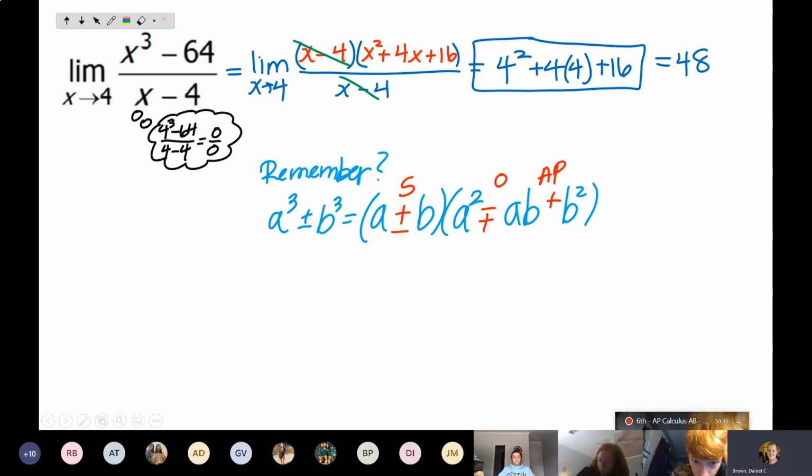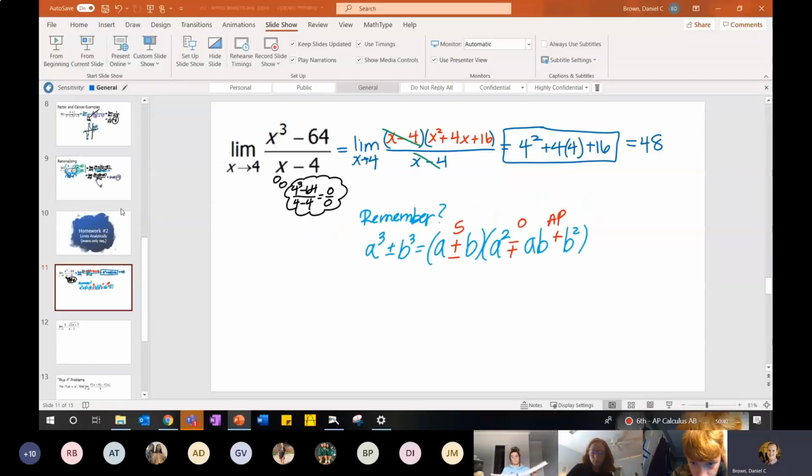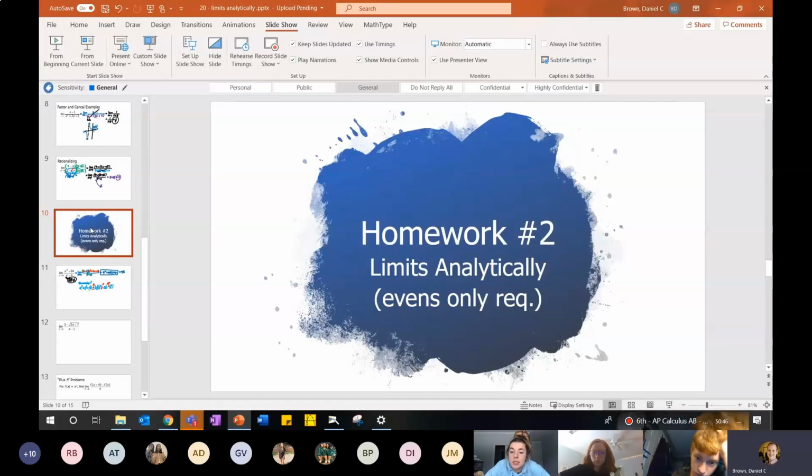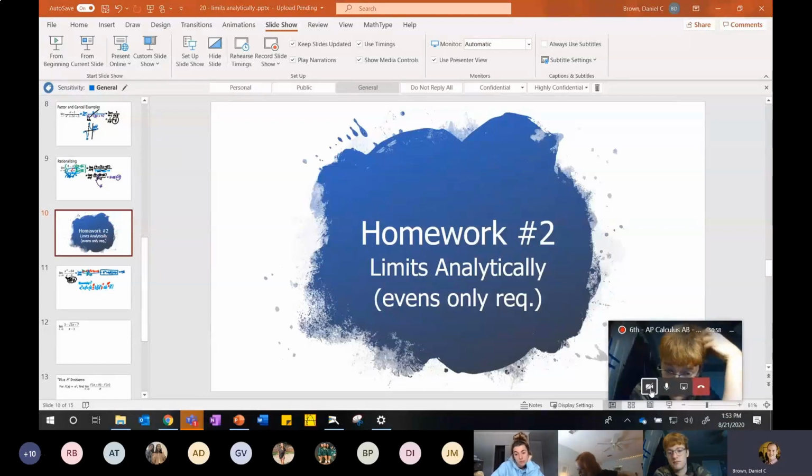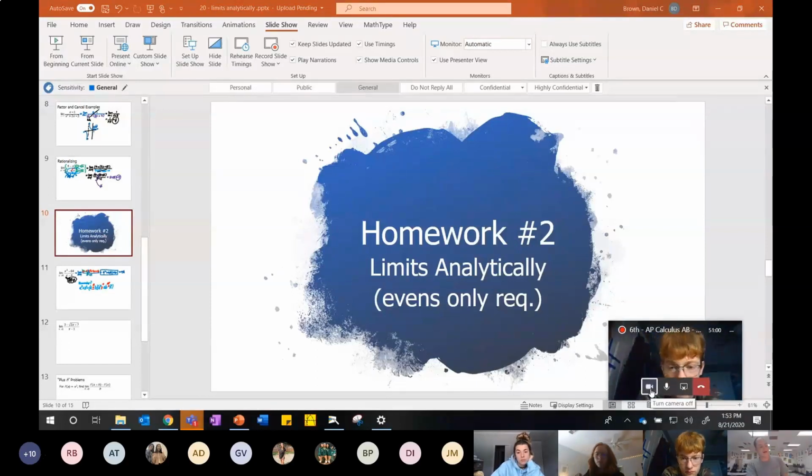All right, so we'll pick up these notes tomorrow. Continue working on homework 1 and homework 2. If you're feeling ahead, homework 2 is posted already. I did update it so that I only want you to do the even numbered problems. The answer key has all of them worked out, so if you want to do all of them for extra practice, that is perfectly fine.